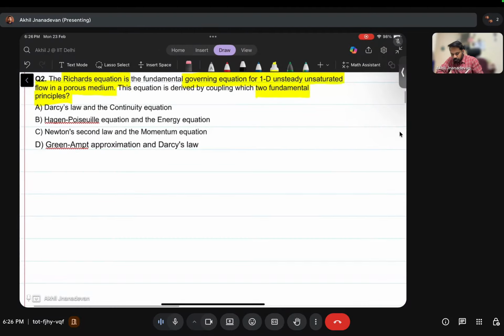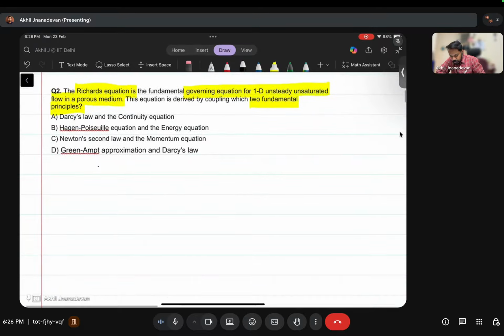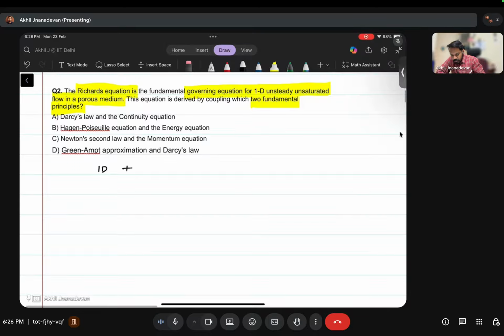Basically, from the question itself, they have mentioned it is one dimensional, unsteady, and unsaturated flow, and it happens in porous medium.